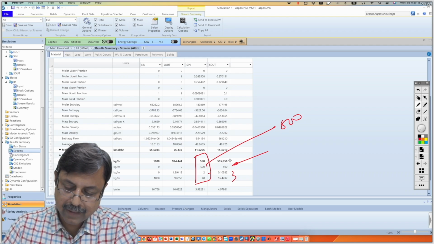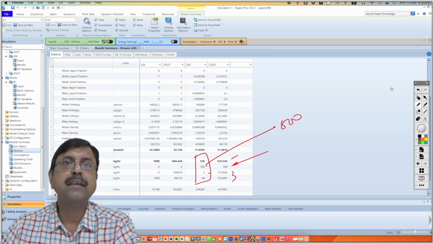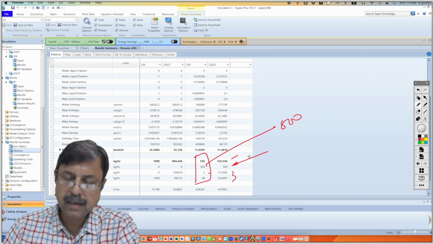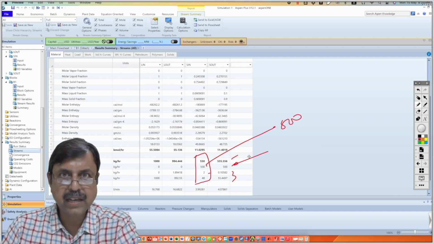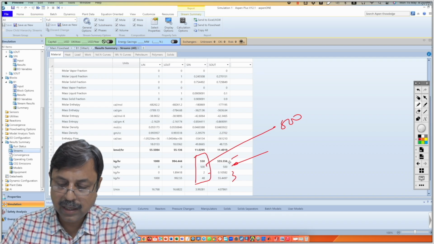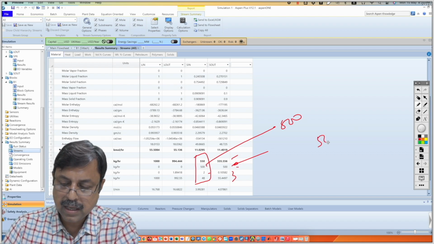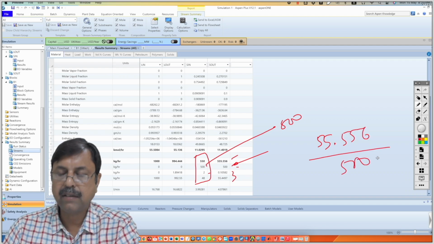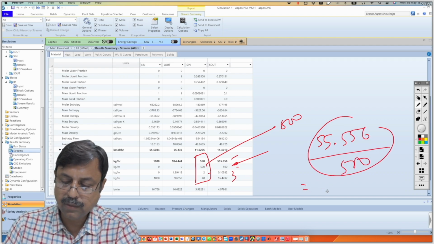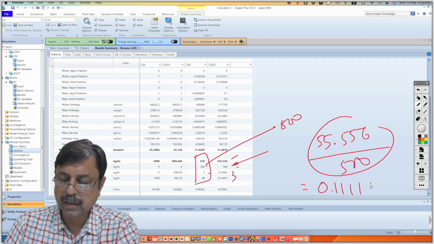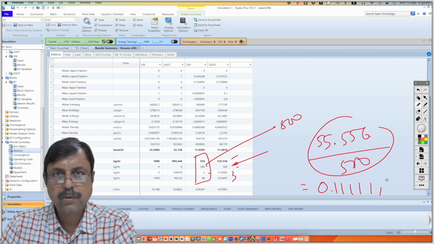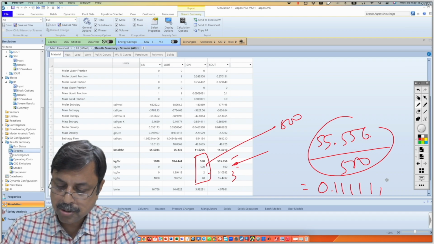The total mass is 555.556, and here the solid is 500. So the liquid is this one minus 500, that is 55.556 by 500. If you calculate, you will get 0.11. So that is the liquid to solid mass ratio that you have got.